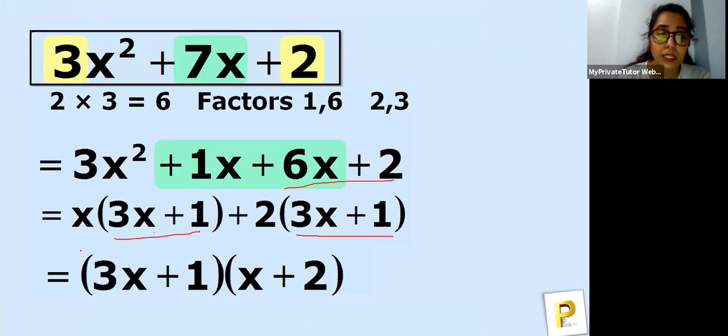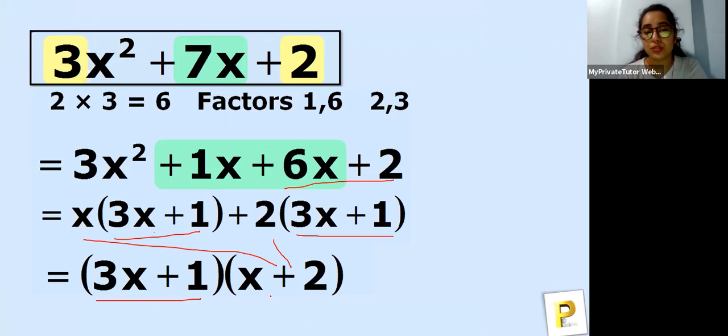And that we got. Now the next bracket we get from this x and plus 2, and voila, we are done, right? So we got the solutions, like roots of the equation, by these brackets. Okay, so this is how you have to do the factorization method.